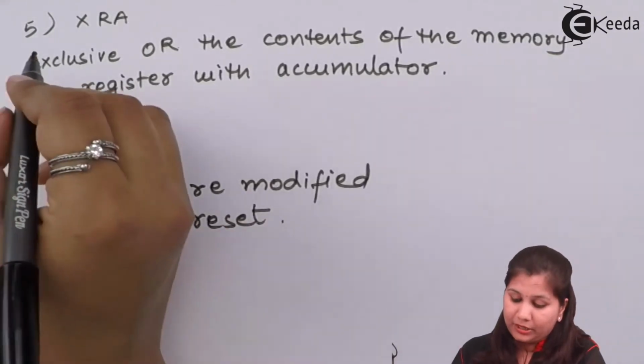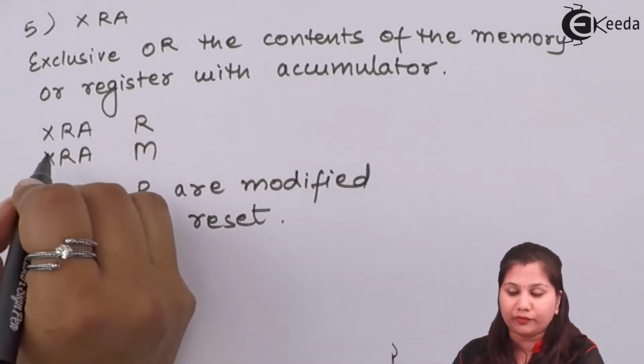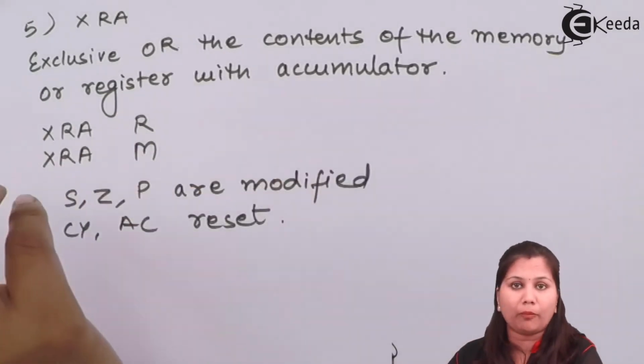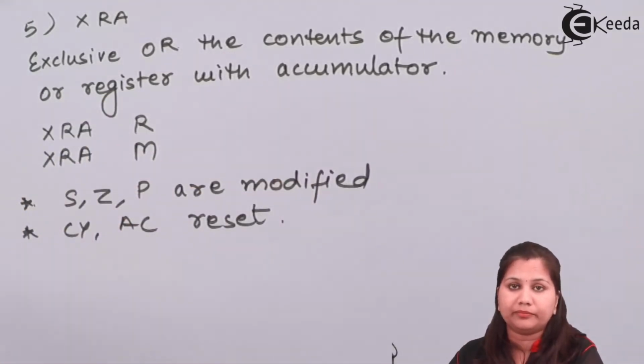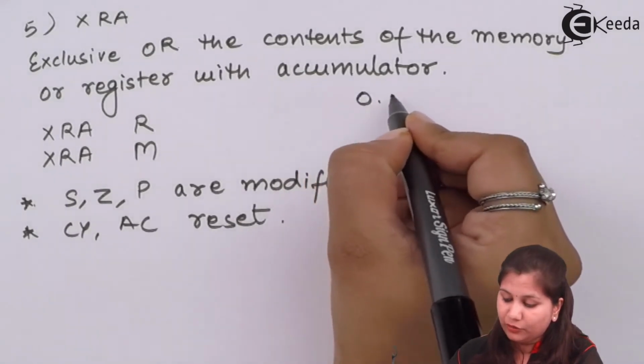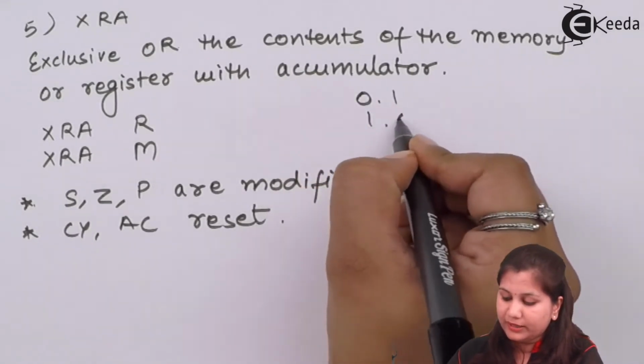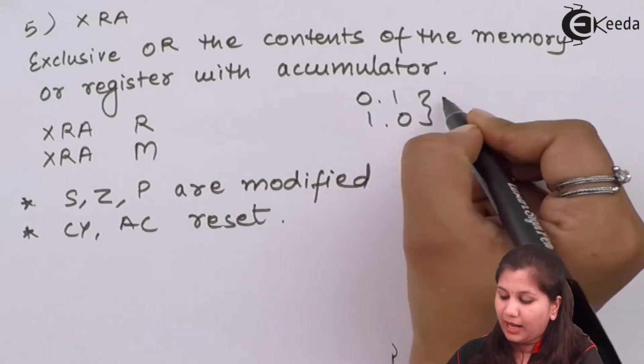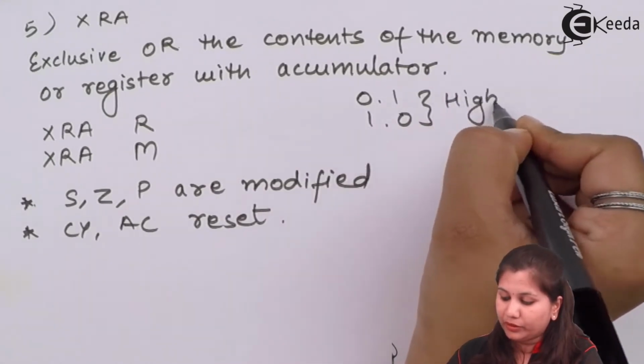Now in the exclusive OR operation, we know that when we are having opposite values, like 0 and 1 or 1 and 0, then we will get a high on the output.